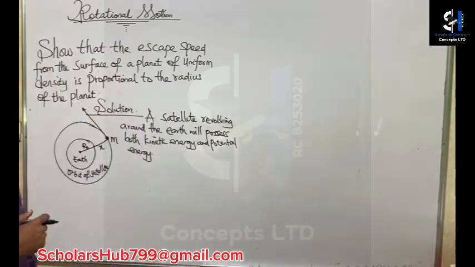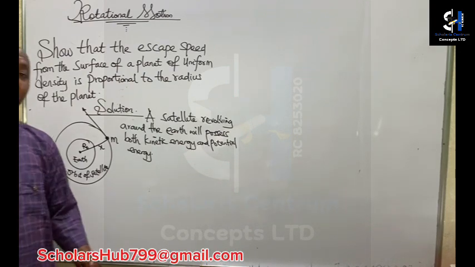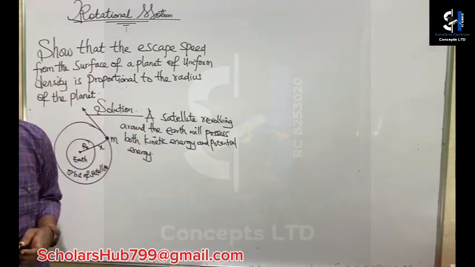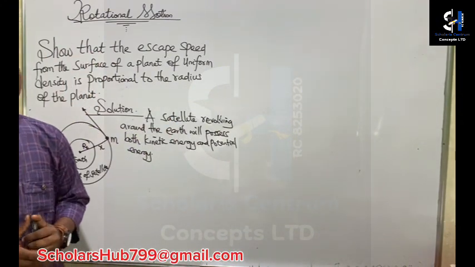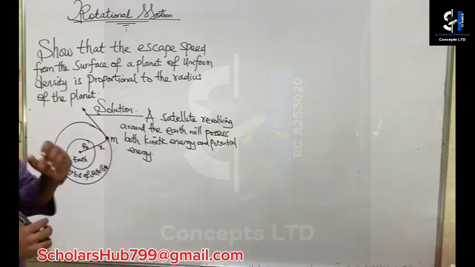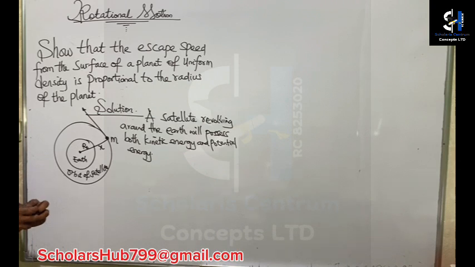So if we have an object of mass m projected vertically upward with an initial velocity vi, I want to use it to explain this.